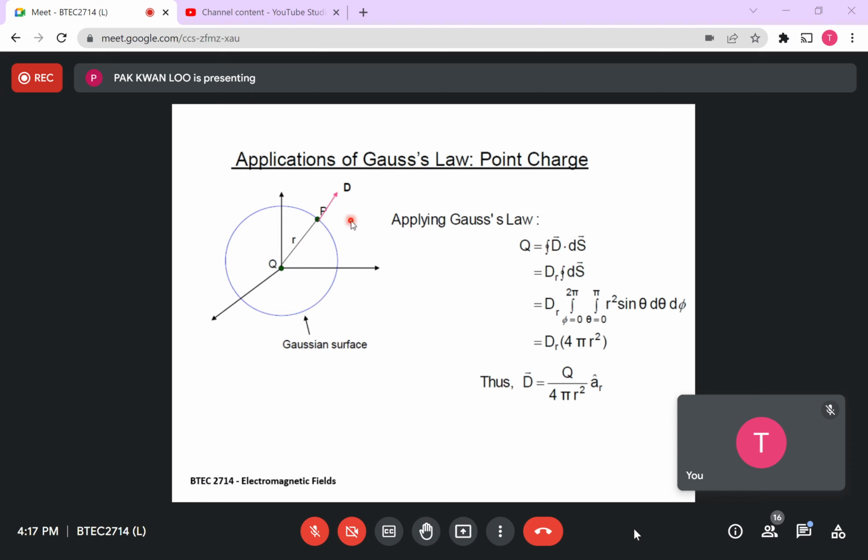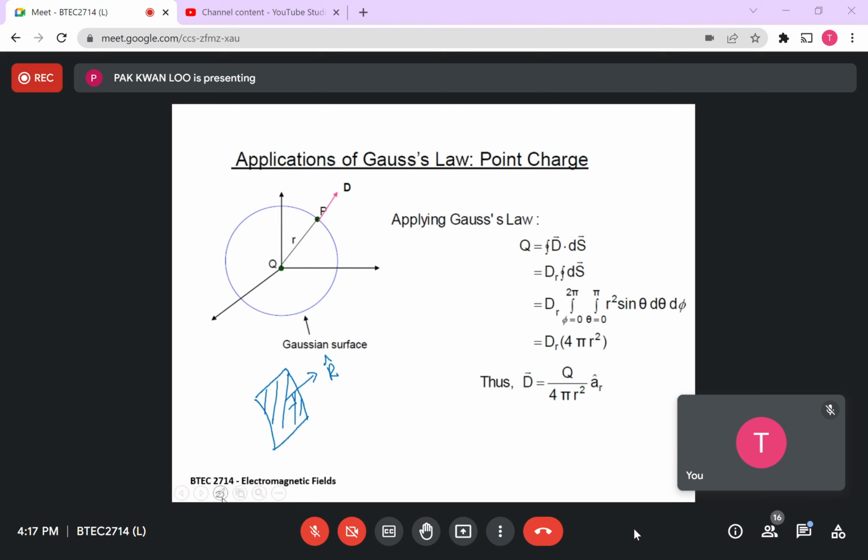So what I'm trying to say is, I'm just drawing the differential surface of the sphere. Remember that the normal to this surface is in the direction of R, yeah?